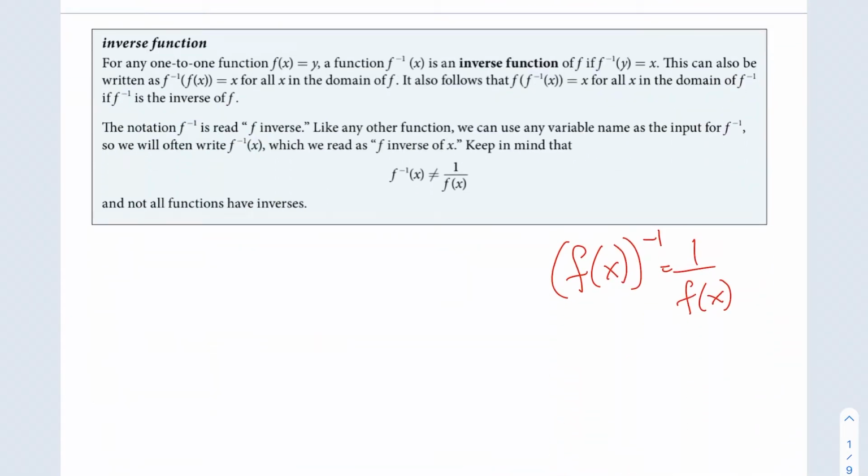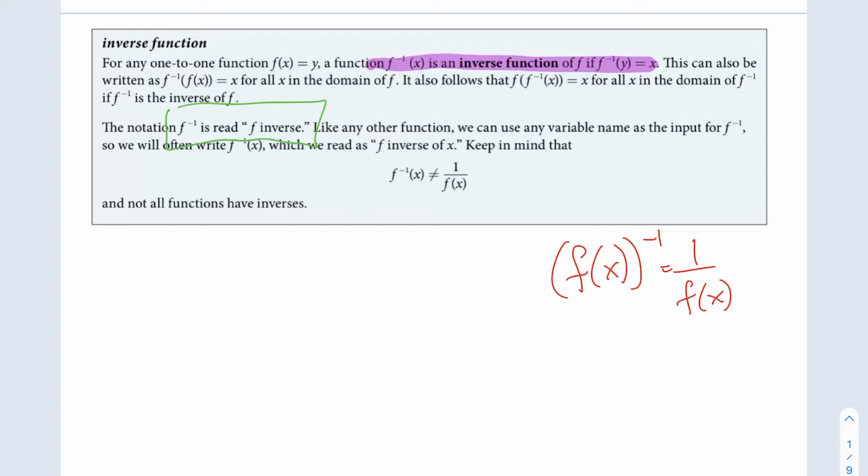So here's the formal definition from the book. f inverse is an inverse function if f inverse of y equals x. Notice they switched the x and y in terms of which one is the input and which one is the output. It's exactly what we've been talking about, and they say that f^-1 you read as f inverse.